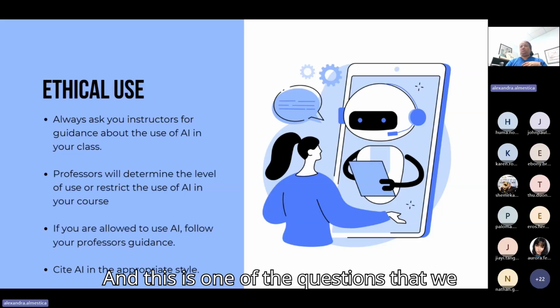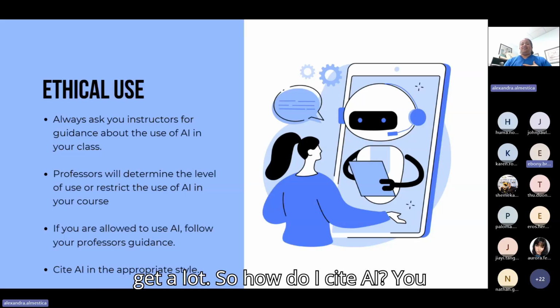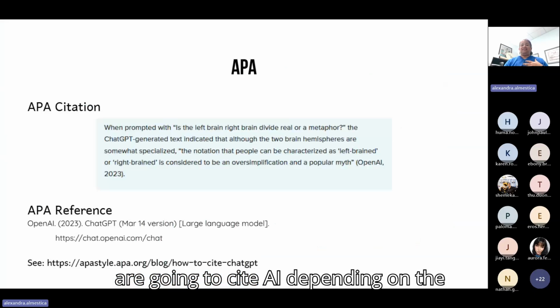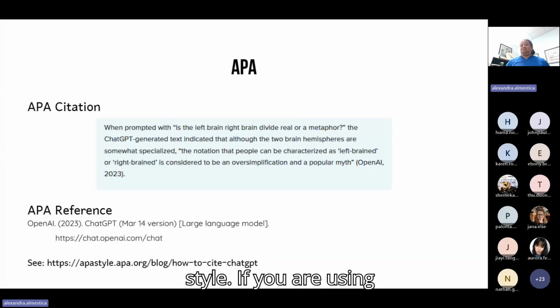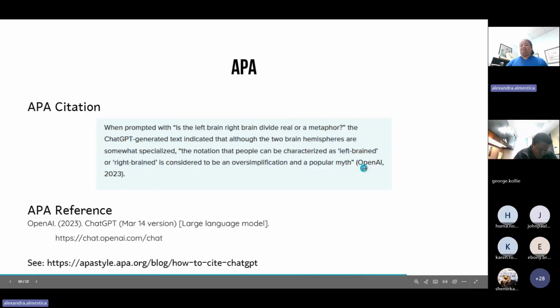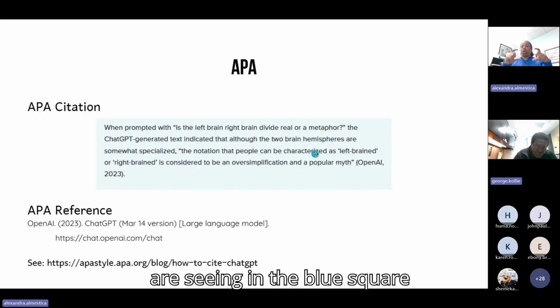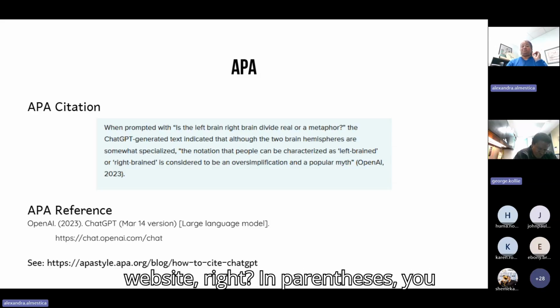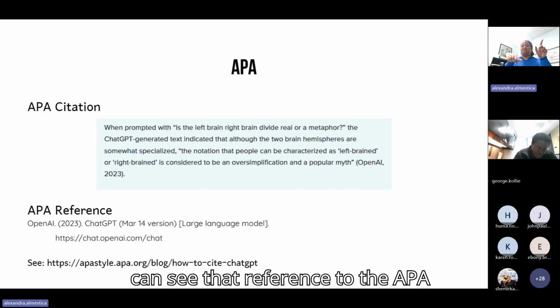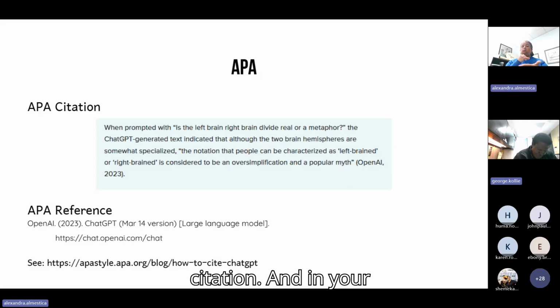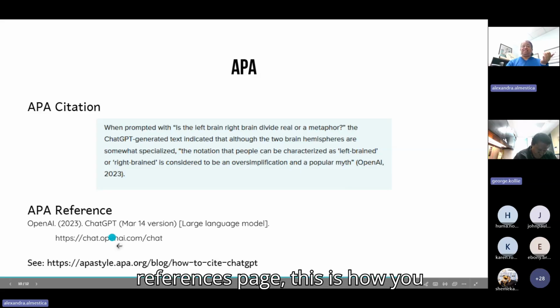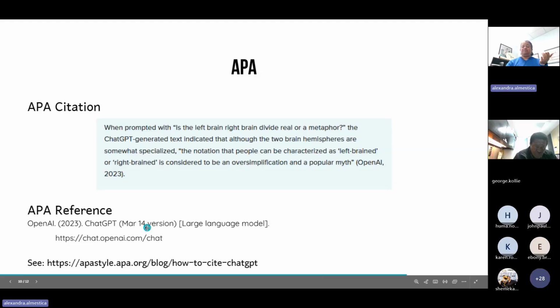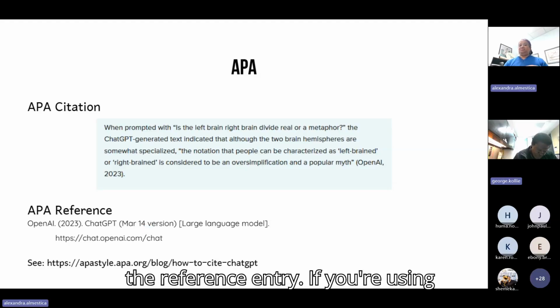Okay. And this is one of the questions that we get a lot. So how do I cite AI? You are going to cite AI depending on the style. If you are using APA style, on the screen you are seeing in the blue square an example of a text from the APA website. In parentheses, you can see that reference to the APA citation. And in your references page, this is how you place the reference entry.